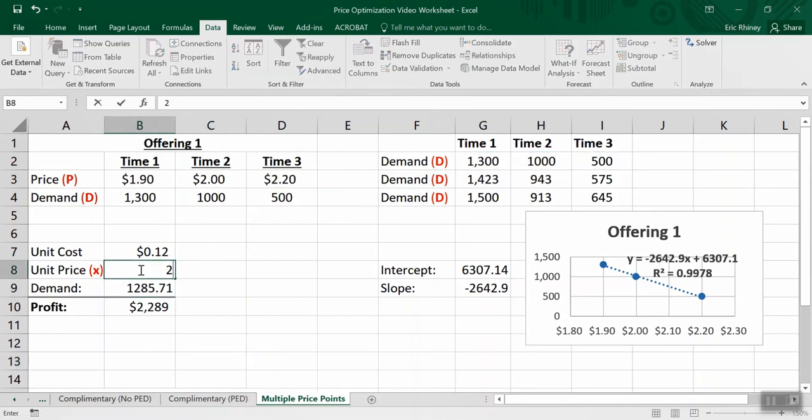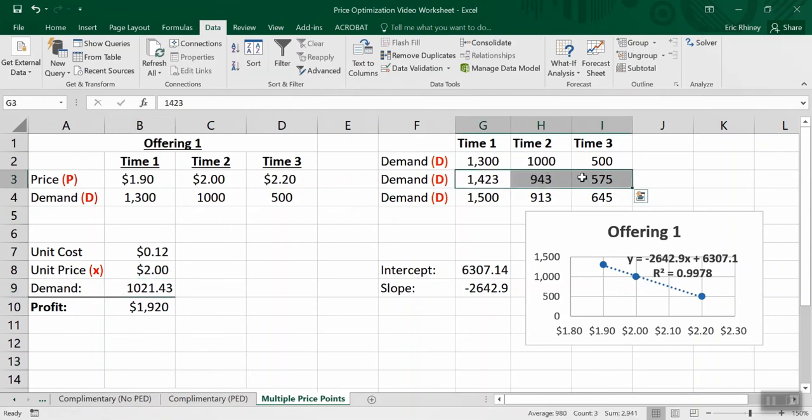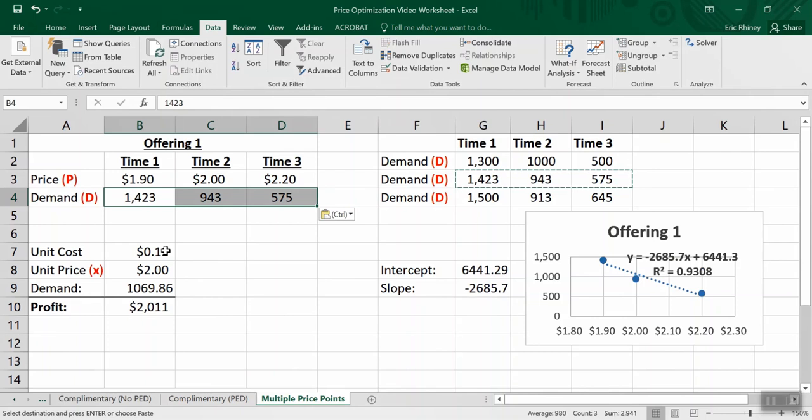And if we were to put $2 in here, we would see that we're going to be pretty close to this estimate. All right, but as our R squared moves further away from 1, as it's reduced, we're going to see that our ability to estimate demand is not going to be as accurate.